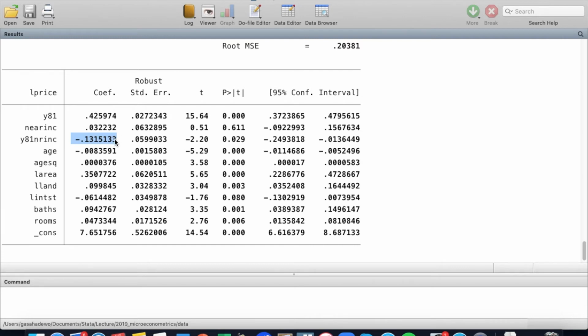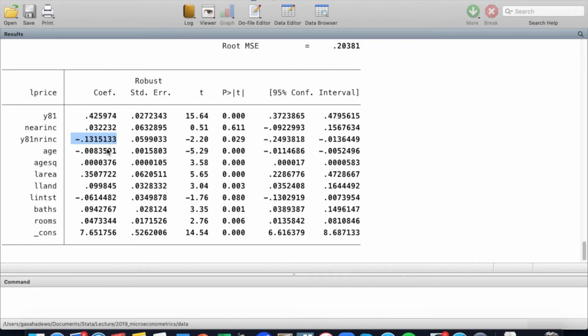It's actually now negative 13%. So the estimated effect from the previous regression, the basic DID specification, was actually underestimated. The impact of the garbage incinerator is actually higher than the 6% that we estimated.